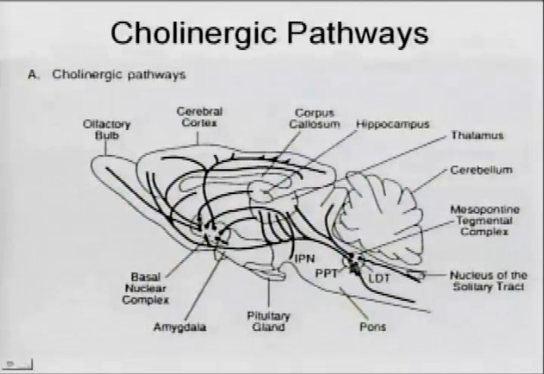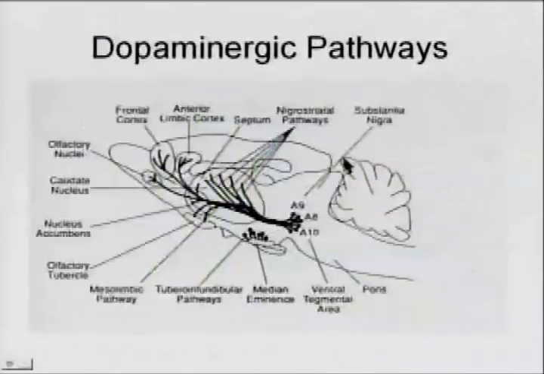I don't know if it's actually here, and those cholinergic neurons would dump acetylcholine onto the oxytocin neurons, increasing the firing rate and increasing the release of oxytocin at the posterior pituitary, and so on and so forth.